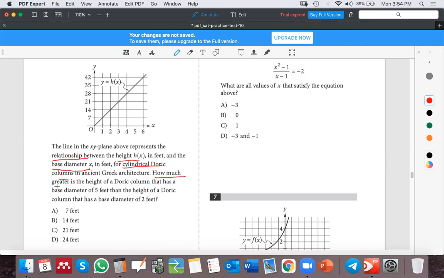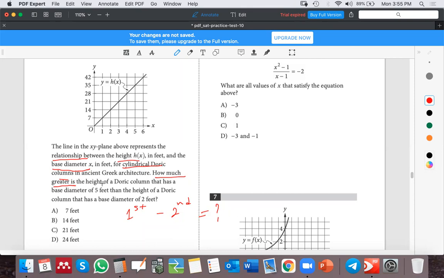How much greater? This is important. How much greater means I will compare two things. First thing minus second thing, their difference, will be how much greater. One more time, how much greater means, grammatically in English, first thing minus second thing.